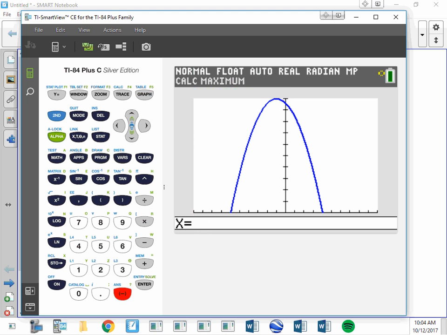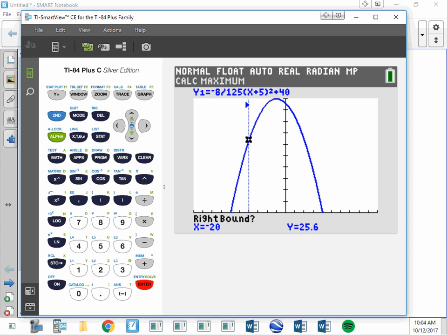I'm going to go from negative 20 to, let's do 0 or 10, and I'm going to guess negative 5. And it is 40. Oh, it's in vertex form, huh? Okay, you're right. Sorry, Riata's smarter than me. Yeah, these are yards. So the punt went 40 yards in the air.